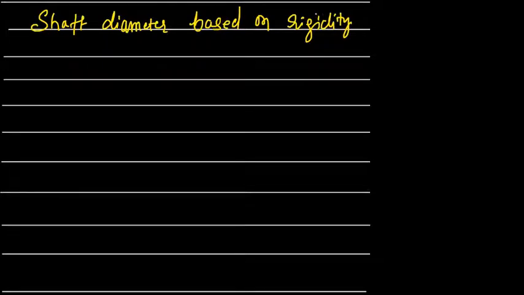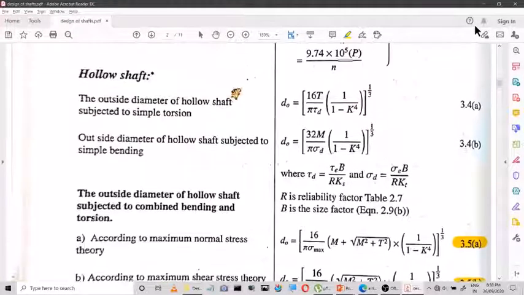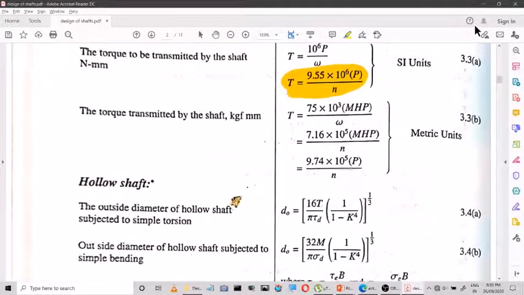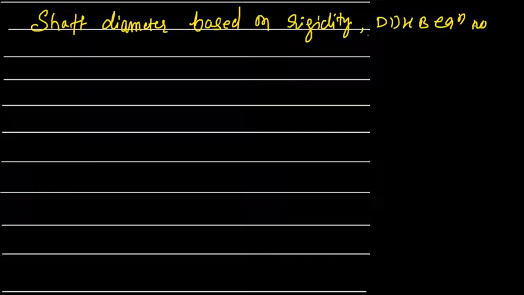So to get the diameter here, refer to the design data handbook, equation number 3.2.